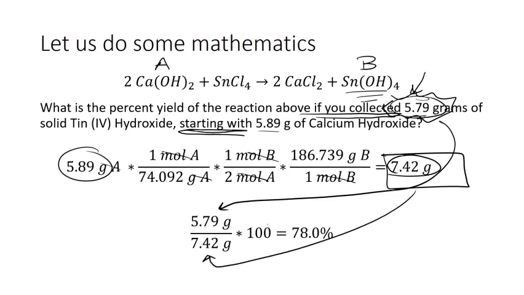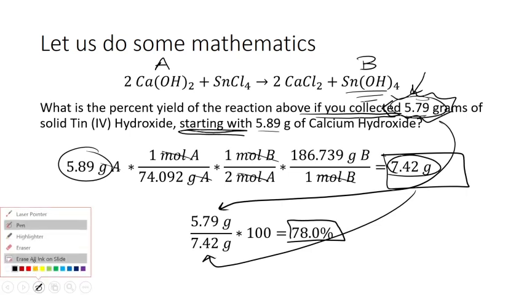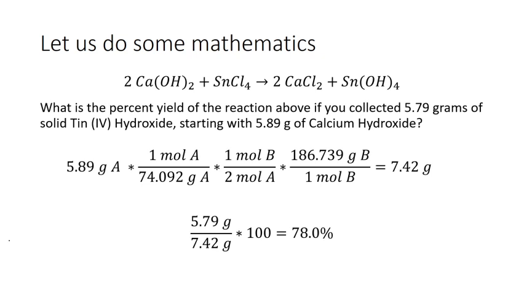We just divide them times 100 and we find that we got 78% yield. I know 78% yield doesn't sound very great, but for chemical reactions, 78% is actually pretty good. So with 78%, we'd be happy.